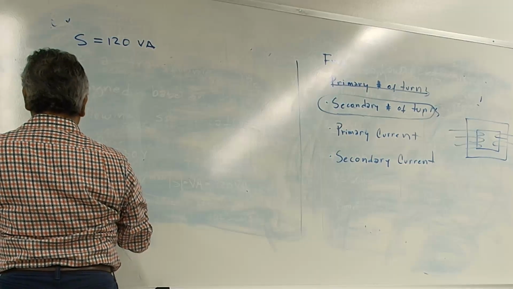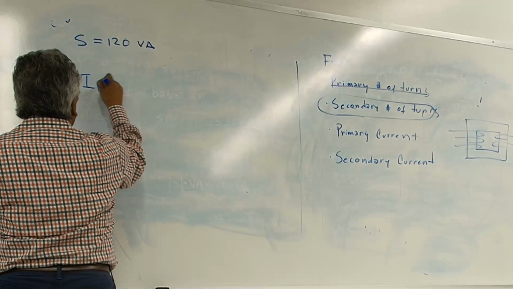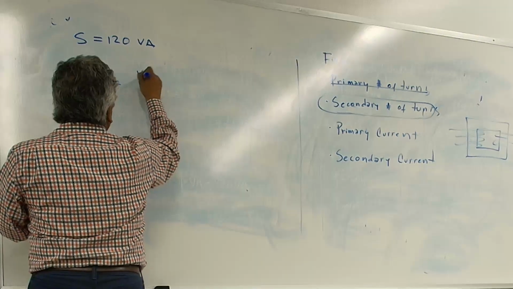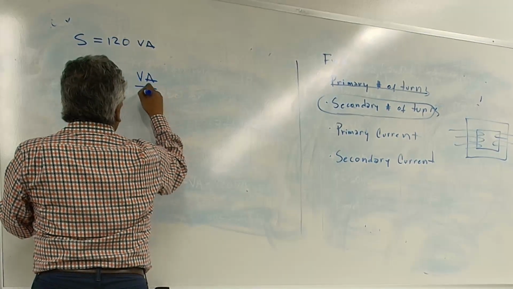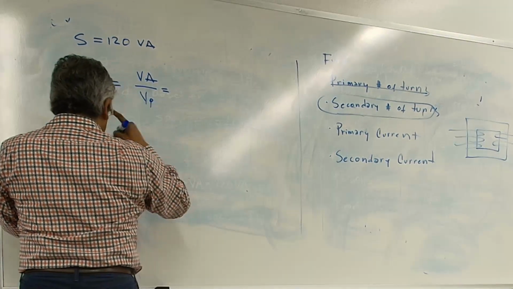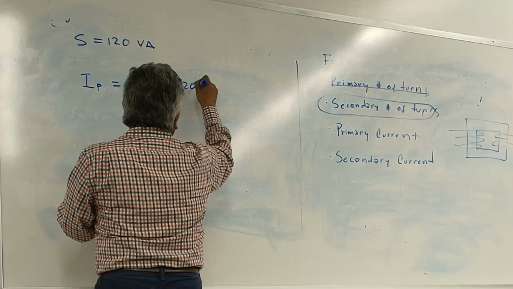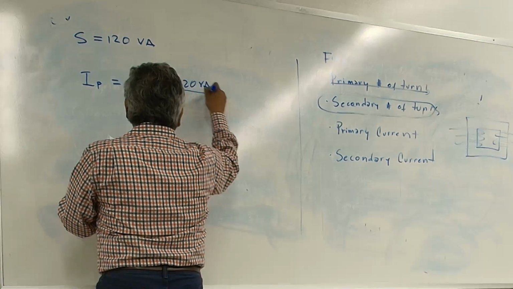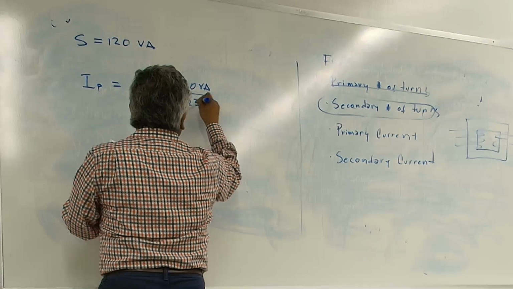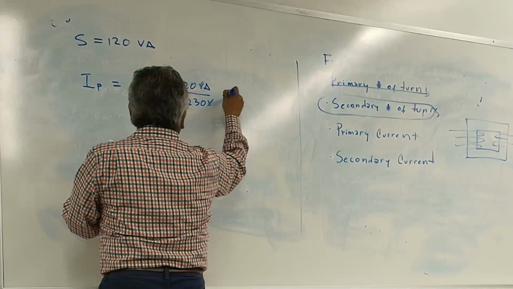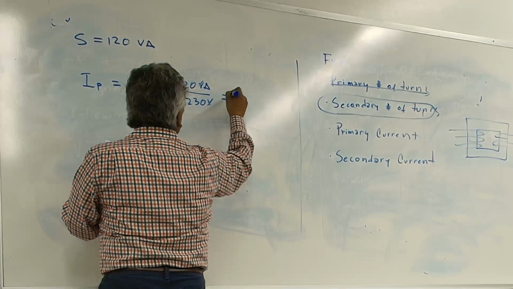So if I say I primary is equal to volt amperes divided by volts on the primary, that's 120 volt amperes divided by 230 volts.